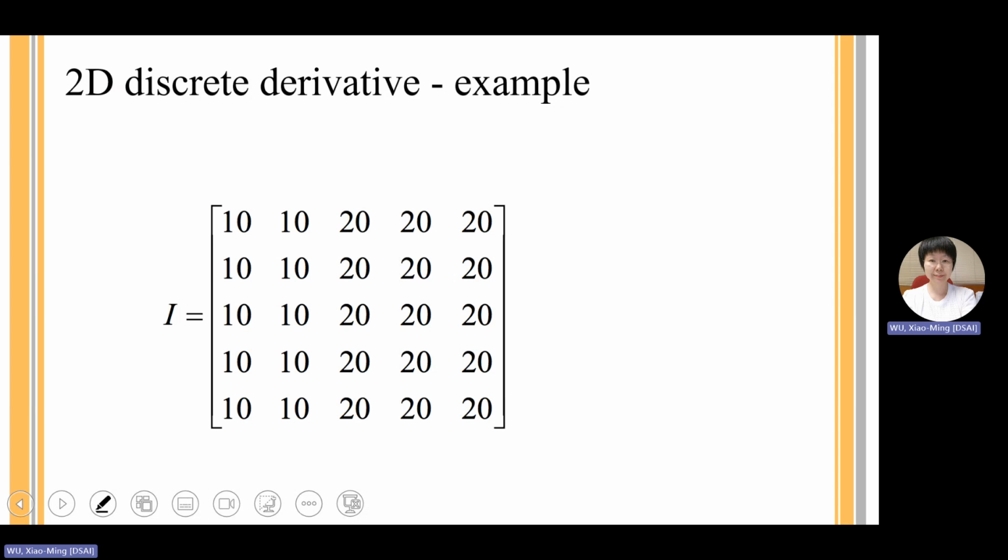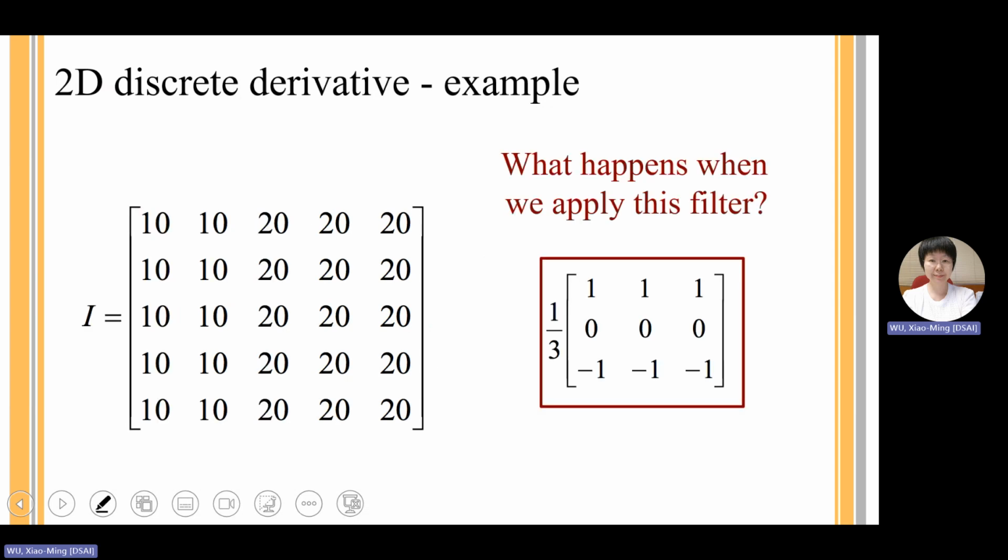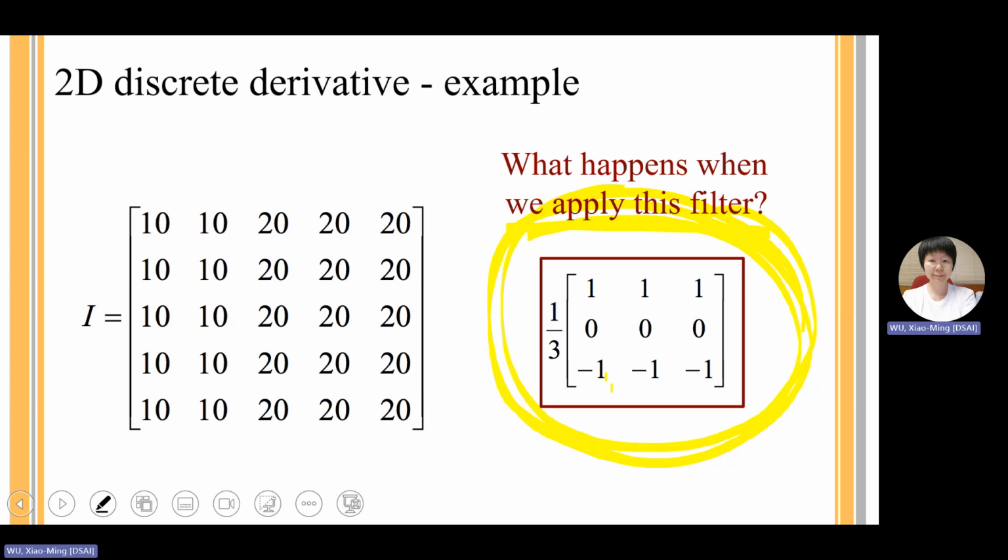Well, without any calculation, what happens when we apply this filter? What does this filter compute? It computes the differences between the pixel above and the pixel below, so it verifies the changes.